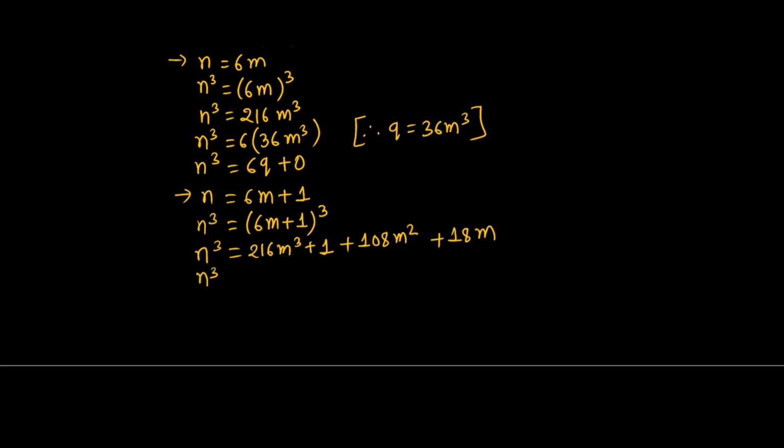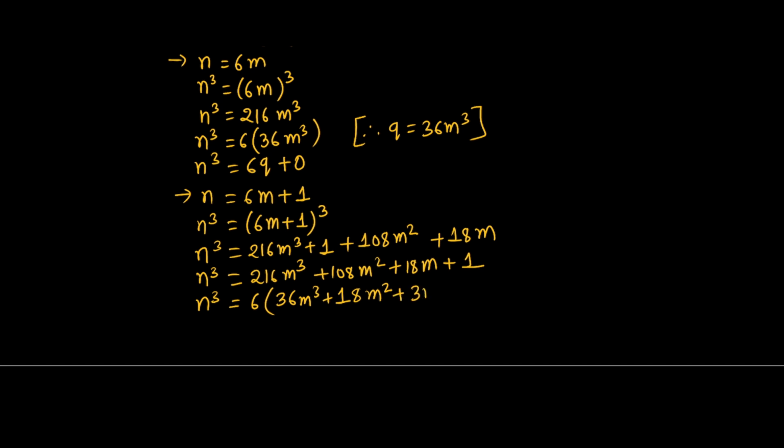So we will take common. Before taking common, we will arrange in exponential form. 216 m cube plus 108 m square plus 18 m plus 1. So n cube is equal to 6 will be common, so 36 m cube plus 18 m square plus 3m plus 1.